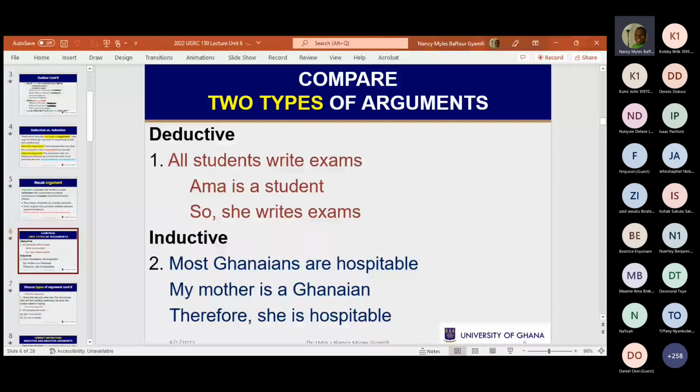The first one was modus ponens, which has another name: affirming the antecedent. If you are doing a modus ponens valid argument, you will affirm the antecedent.